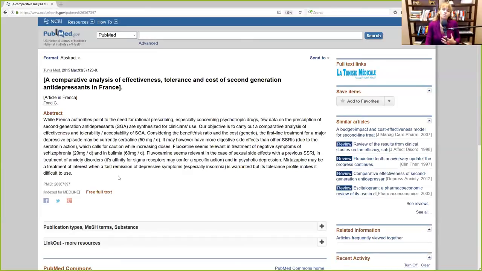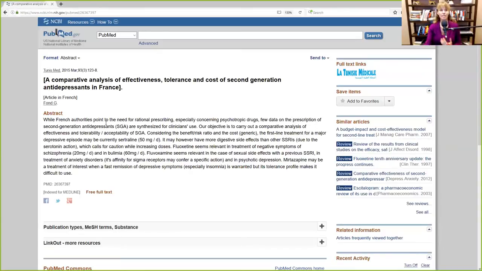So let's go with generalizability. Well, these are people in France, but how different is the biological makeup of people in France versus people in the US?